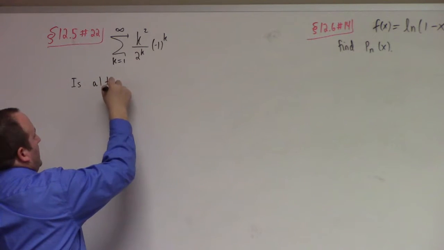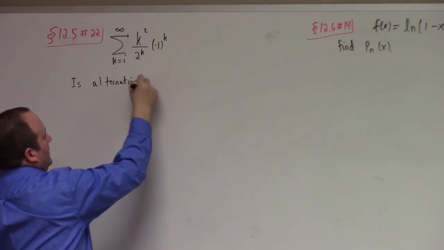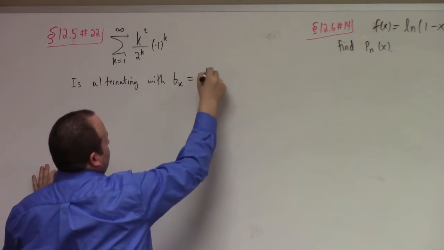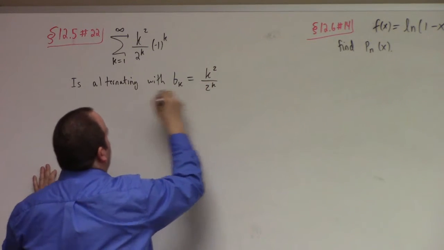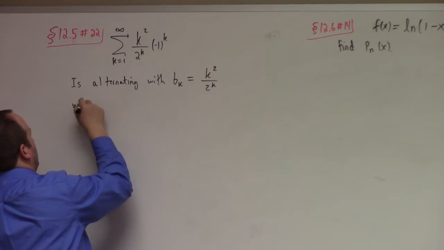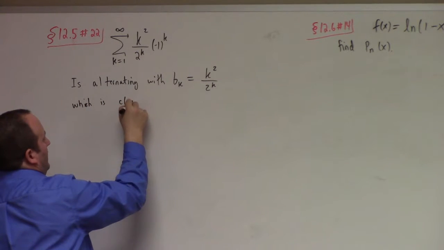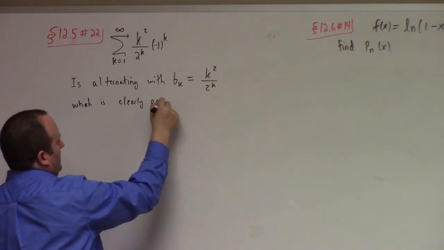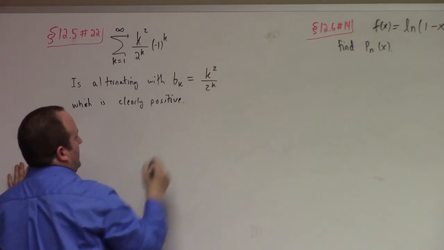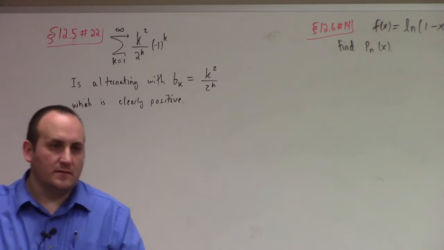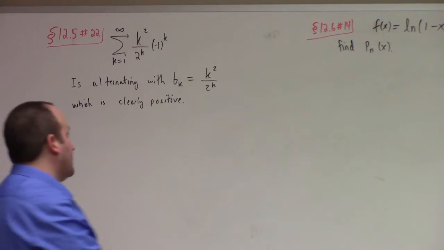Right? What's the b sub k? Which is clearly positive. Is it decreasing? Well, I think there's something to worry about. Can we show it's decreasing?